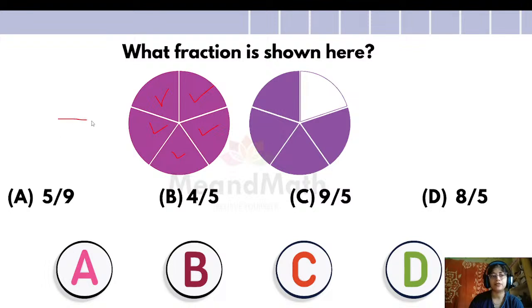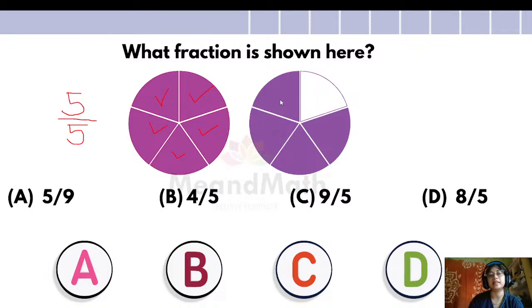So 5 is the denominator. Now, out of 5 parts, how many parts are colored? All the 5 parts are colored, right? So 5 is going to be the numerator as well. So 5 out of 5, all the 5 parts are colored.